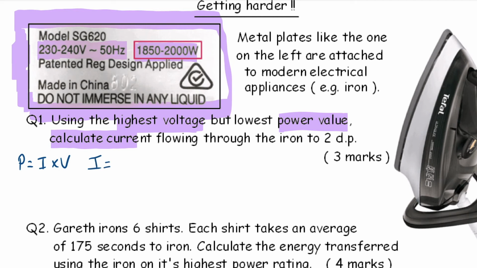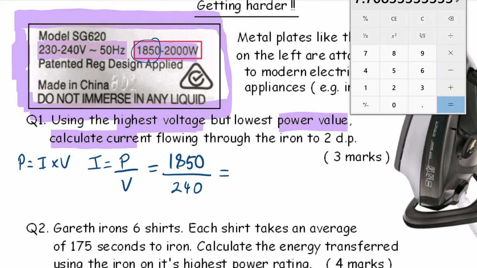And if you rearrange that, I equals P divided by V. Use the lowest power value, that's your 1850, and the highest voltage value, 240. Then you divide one by the other. I just use a calculator there to work that out. I'll give the answer to 2 decimal places, so that would be 7.7, round up that 0 because you've got 8 after it, 7.71 watts.